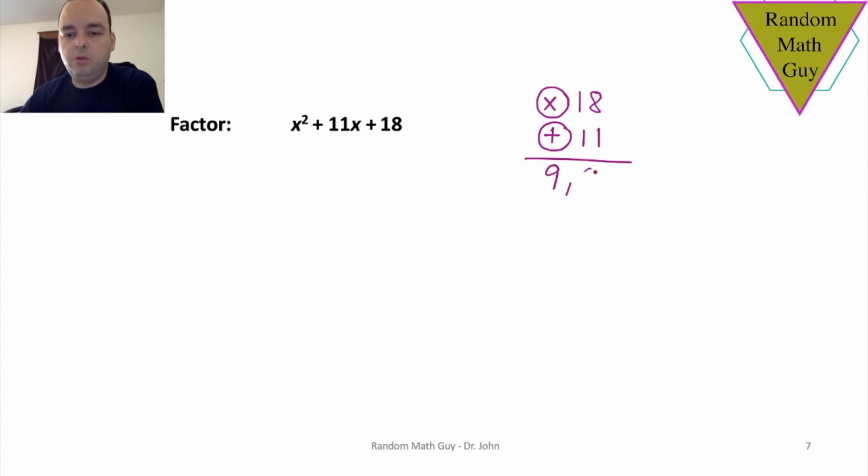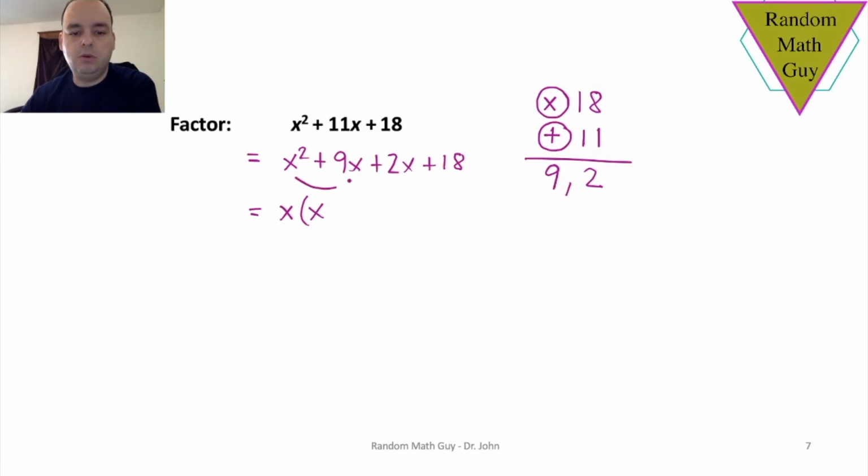I think people usually know their 9 times tables well, so 9 times 2 is 18. Let's decompose this trinomial. I'll put the 9 first as a coefficient, and then the 2 second. I'd like you to try this question on your own by putting the 2x first and the 9x second, and you'll see that it results in the same answer.